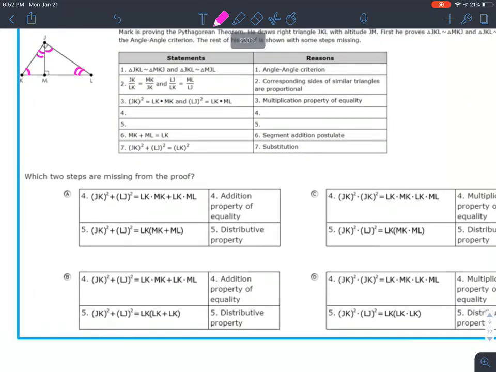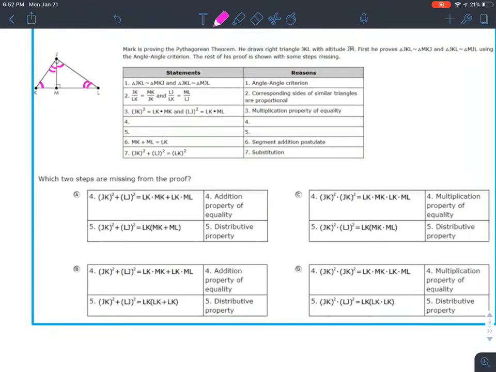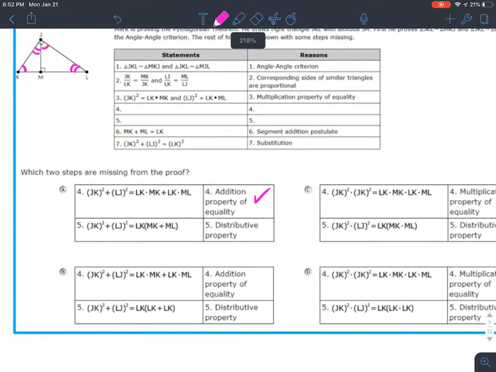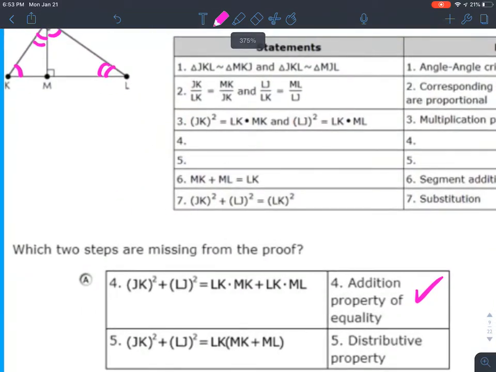Let's look at our choices. We can either use the addition property of equality or the multiplication property of equality. The addition property of equality says we would add these two equations together. Since the equations are equal, we could add, let me write down what this means.